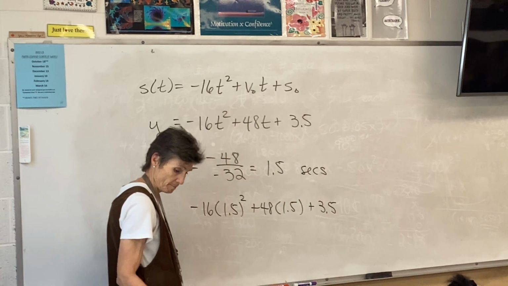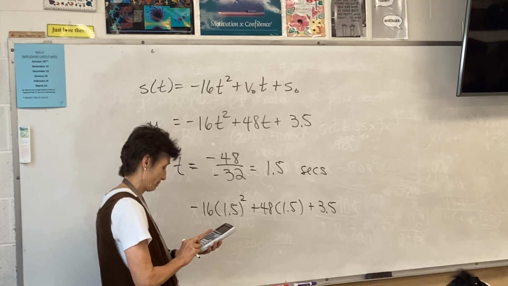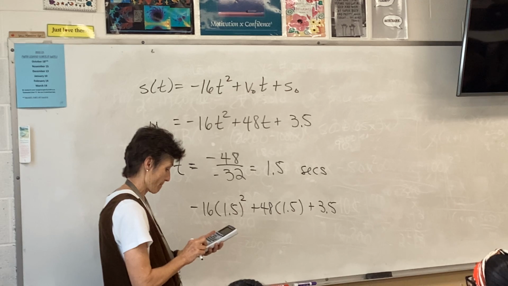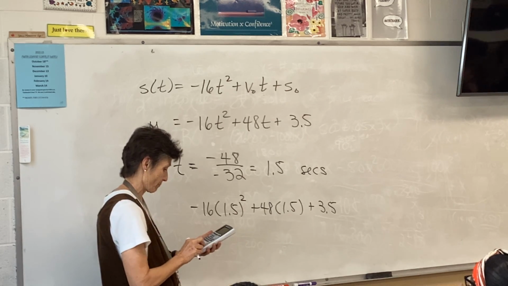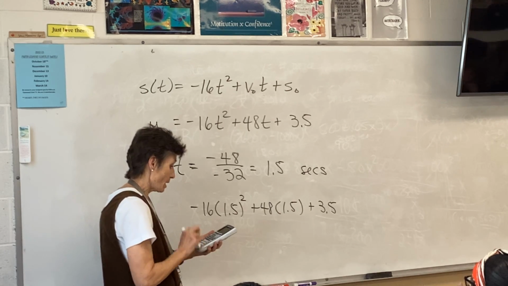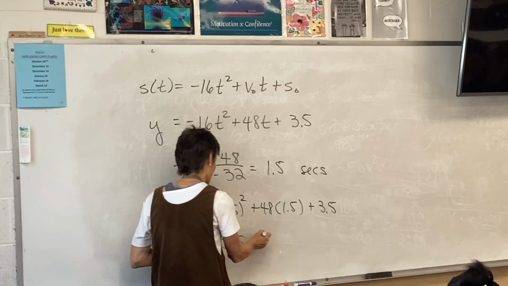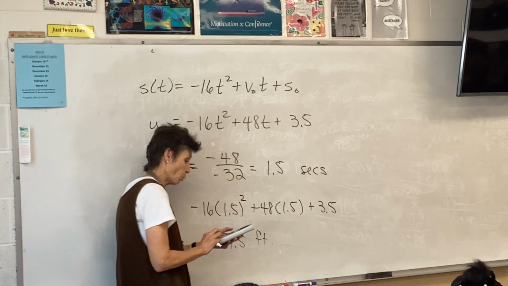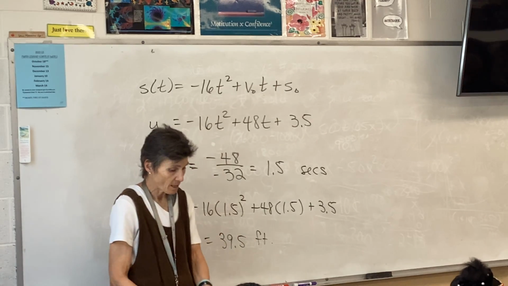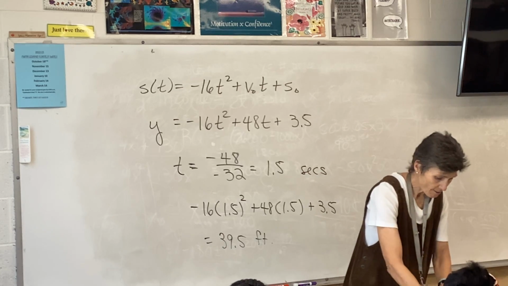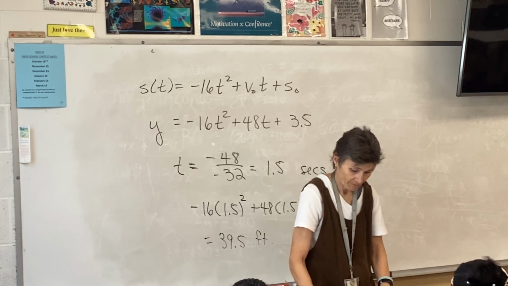Just plug it in. Uh, 39.5 is what I got. Anybody else get that? And that would be feet. So what is the maximum height? 39.5 feet. When does it get there? After 1.5 seconds.